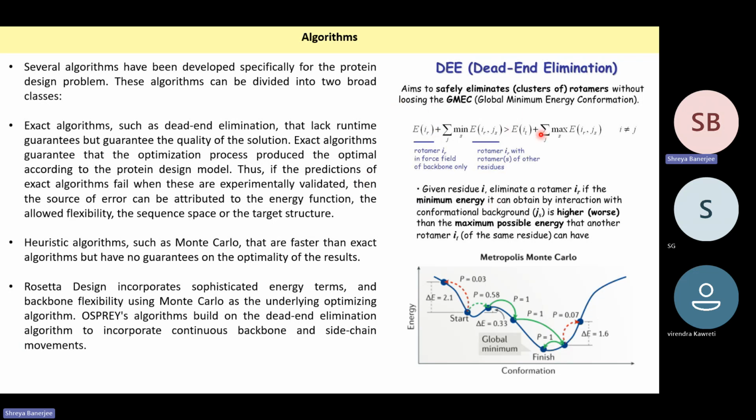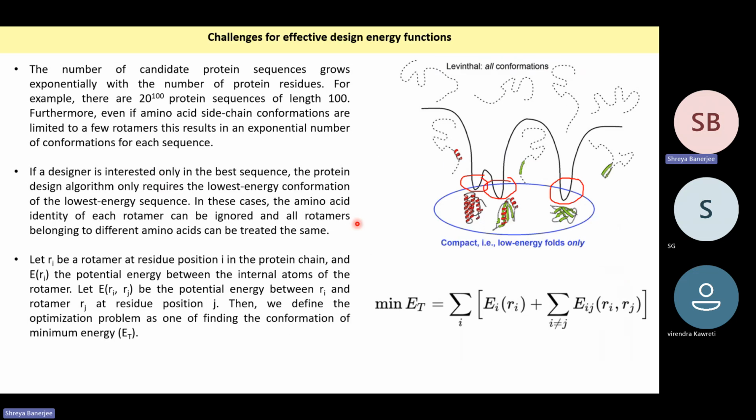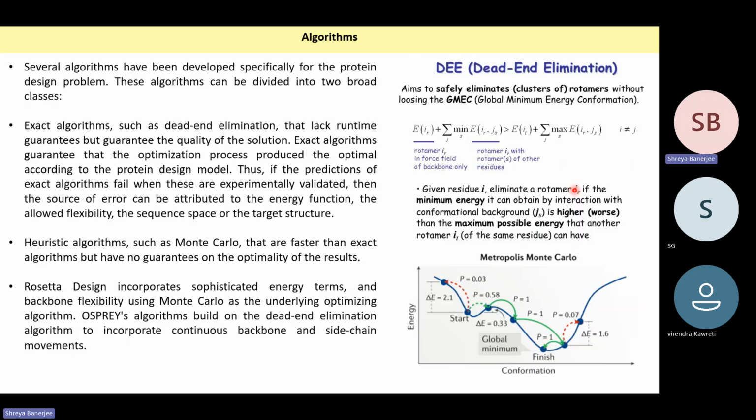If the minimum energy of one rotamer is greater than the maximum energy of another rotamer, it will eliminate the greater energy rotamer. So you will only be left with a set of rotamers of low energy, and then they can be quickly put in the energy function, and the global energy minima can be found. So this is known as an exact algorithm or dead end elimination.